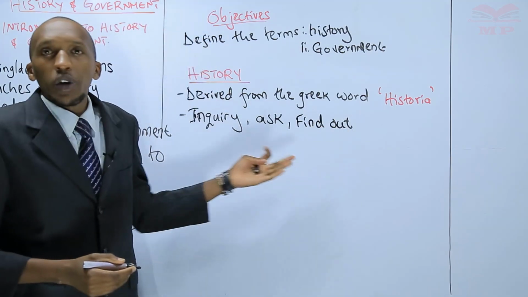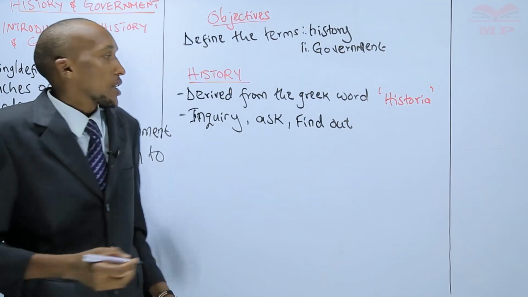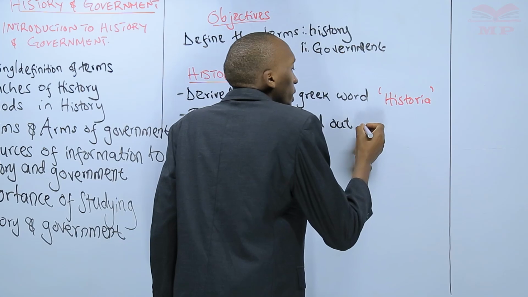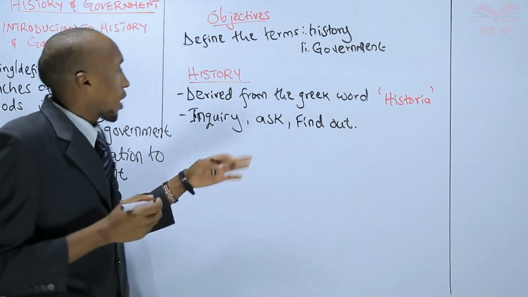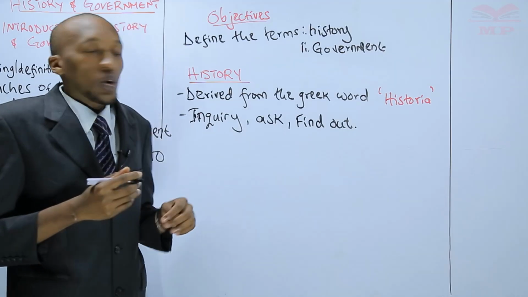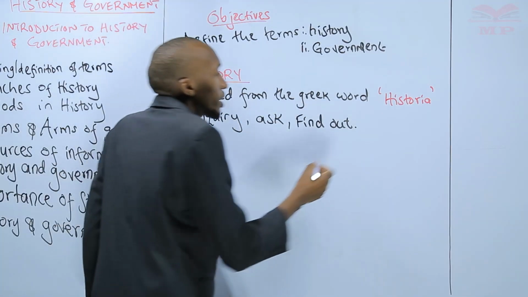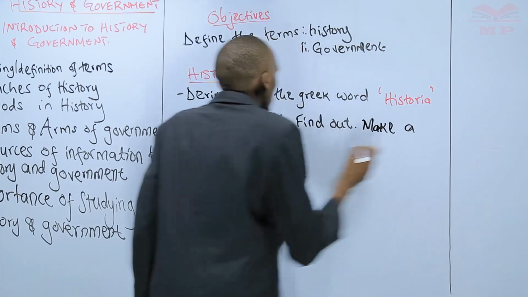And then what do you do when you have found out about something or you have made an inquiry? When you have inquired, you have asked questions, you have found out about something, you have to make a report.